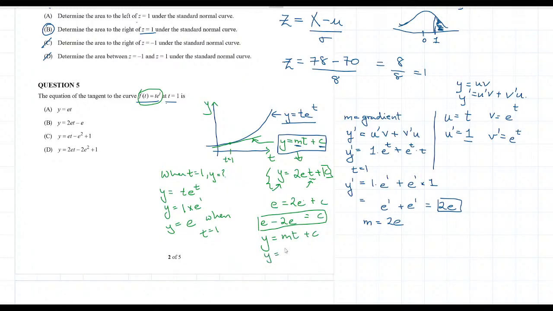That is, our m is 2e, t, and our c is e minus 2e. So e minus 2e is minus e. That's just going to be minus e. And that is B.